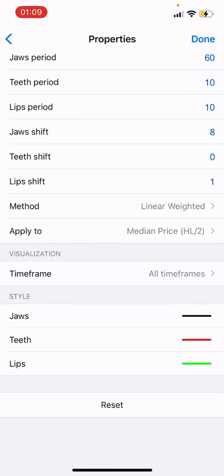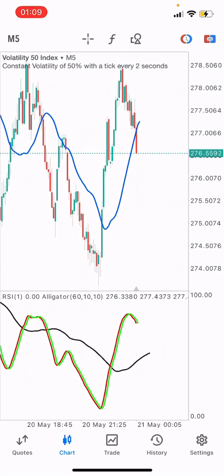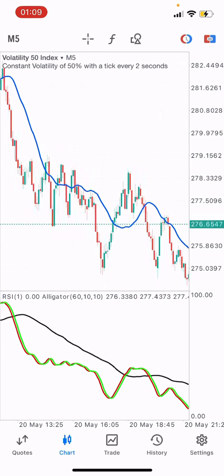Then on the styling for the jaw, teeth and lips, please select any color of your choice, give it 3 pixel thickness, and then click on done. So after you do that, this is what you should have on your screen. Exactly this, guys. I'm sure you guys are getting what I'm saying.